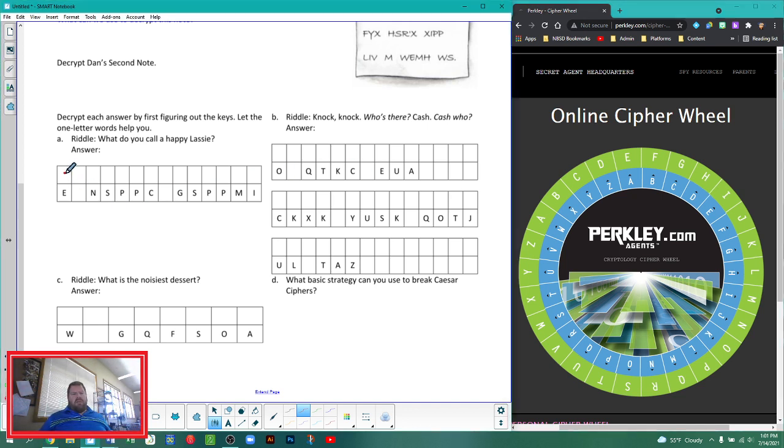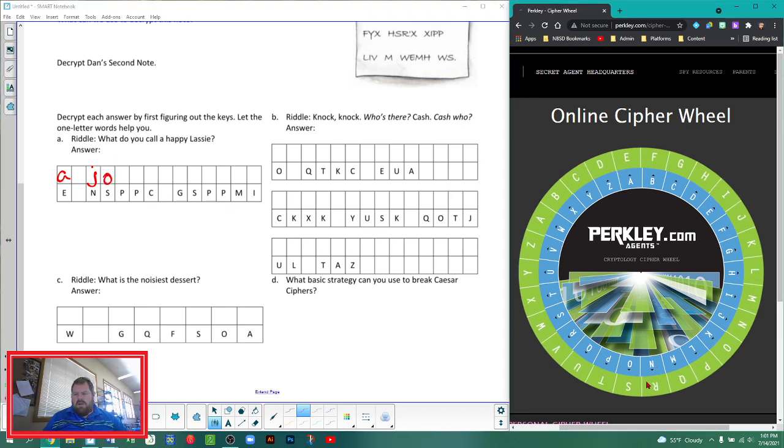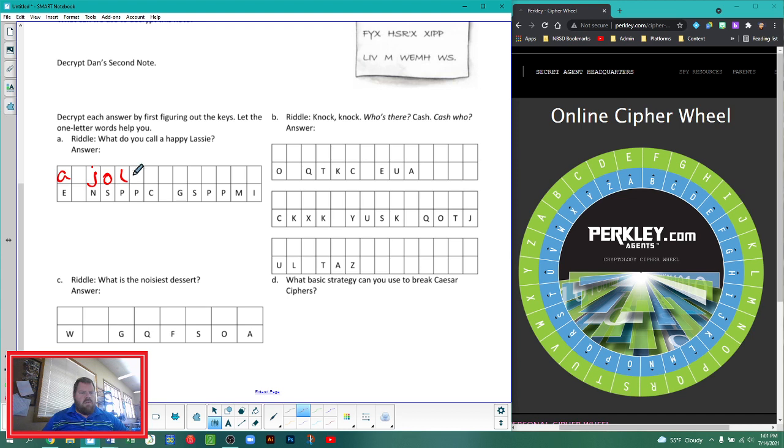So E came from A, N came from J, S came from O. I moved that a little bit. P came from L, LL, and C came from Y.